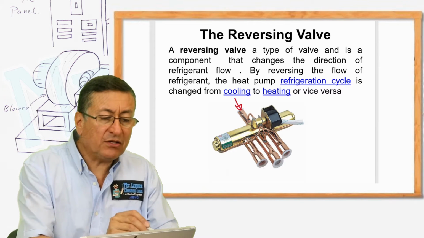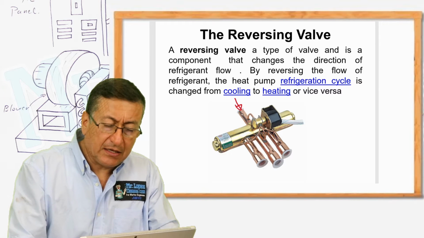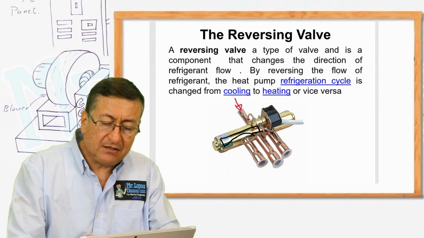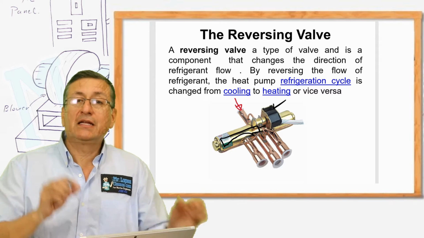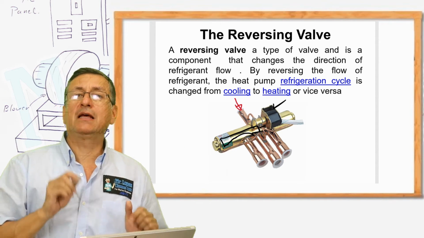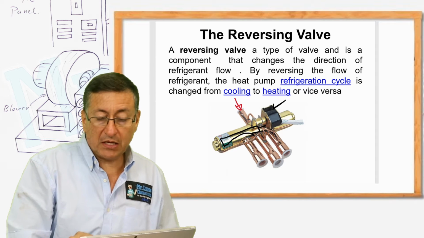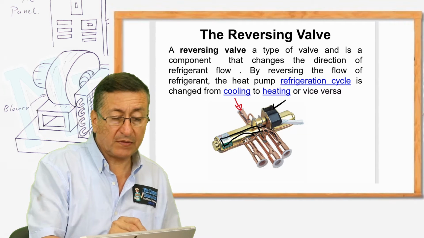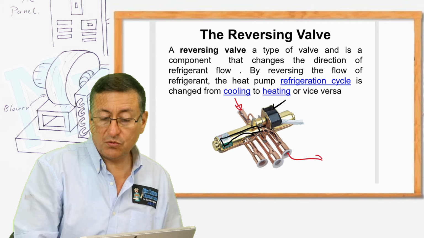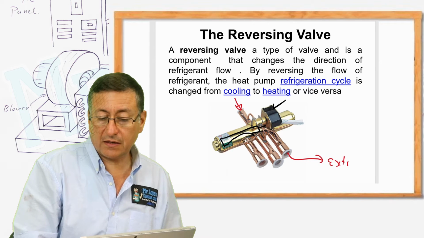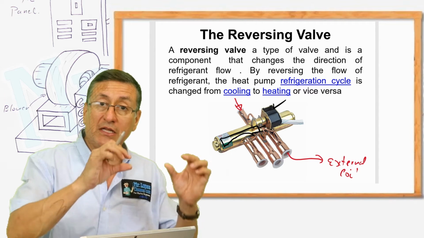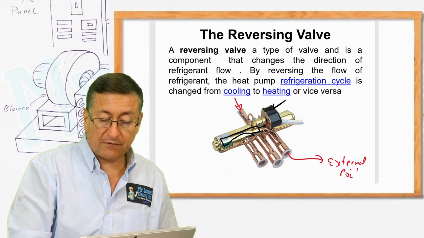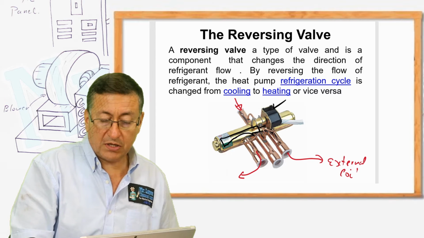And depending on where it is located, a special piece of metal located inside, a metal like this, and this is moved by this solenoid. Depending on where that piece of metal is located, the fluid goes in this direction, into the external coil, or depending on where the piece of metal is located internally, the refrigerant goes here into the internal coil.